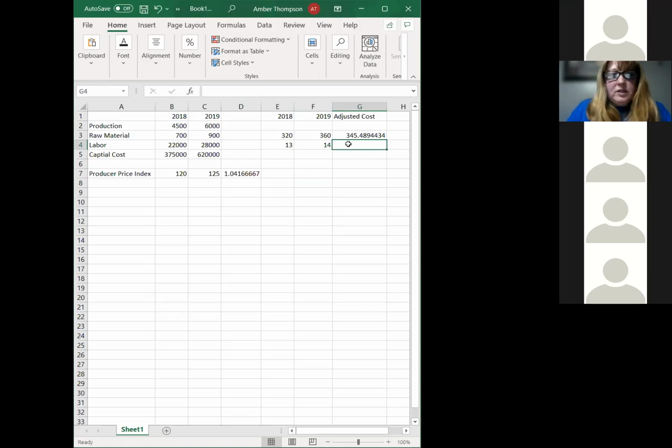So it's going to look the same as the adjusted costs, and Excel would let me just drag that down and it would do it. But just to show you again, it's the 14 divided by the D7, which is the difference in ratio.